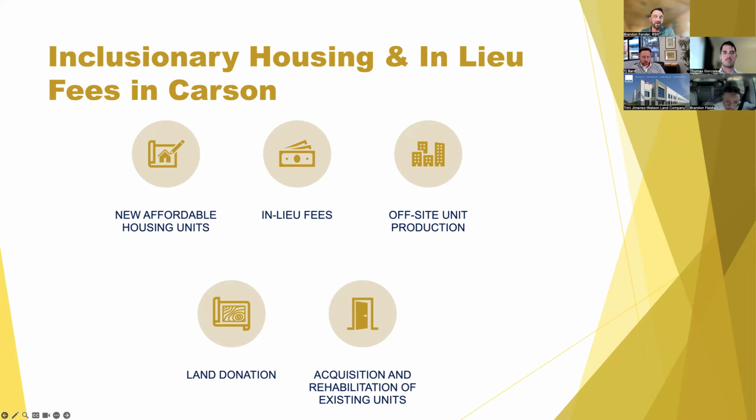This alternative may help the city eliminate blight if there's a building that's in poor condition, or eliminate existing substandard living conditions, depending on what property is selected. But regardless of the means of compliance, the city's inclusionary housing program is intended to provide access to new affordable housing in the city, tying back to the general plan and the city's objectives and policies there.